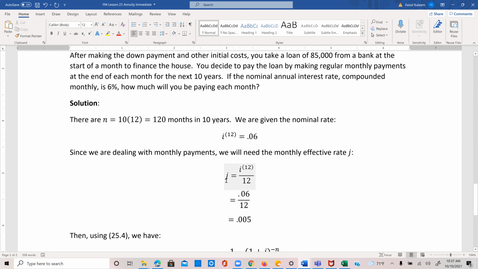I'm calling it j, and that is a very common convention for an effective rate other than the annual effective rate. We generally use i for the annual effective rate, although that's no law, but that's our common convention. And so anytime it's another kind of effective rate, like in this case, the monthly effective rate, we'll be calling it j. So in this case, j is 0.005.